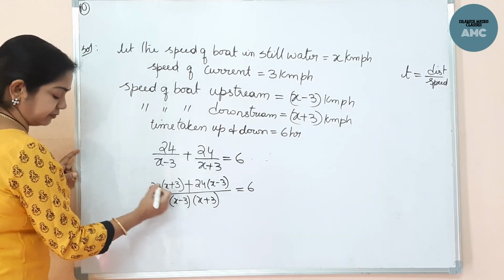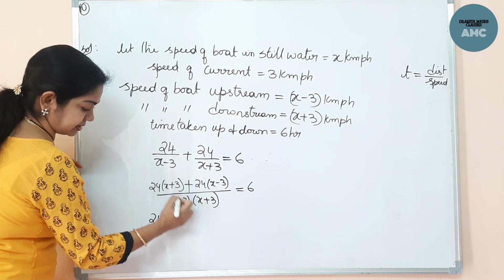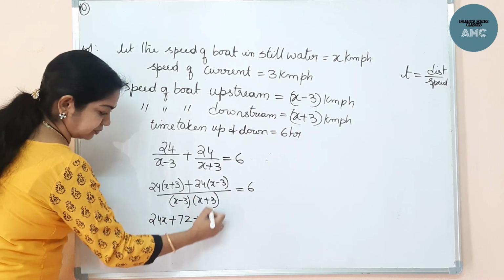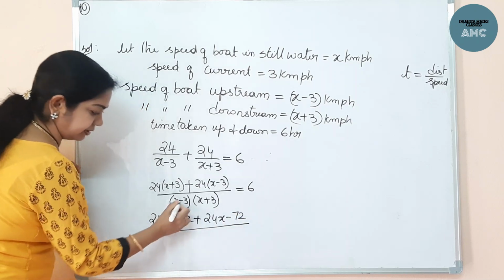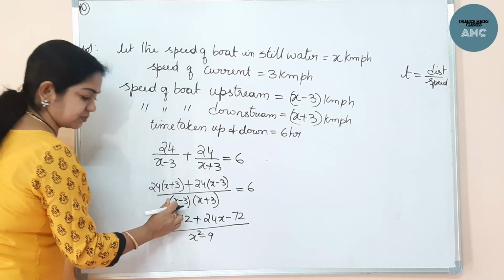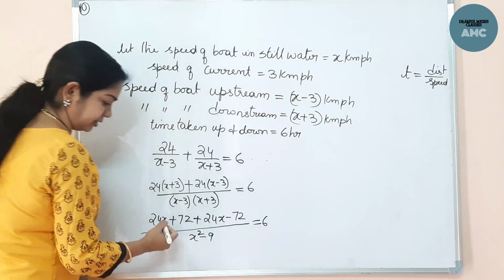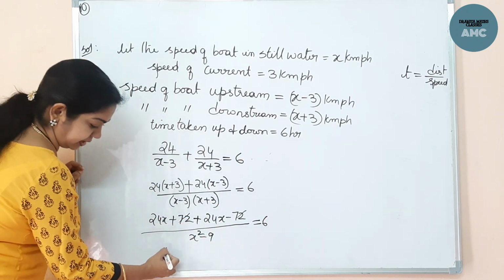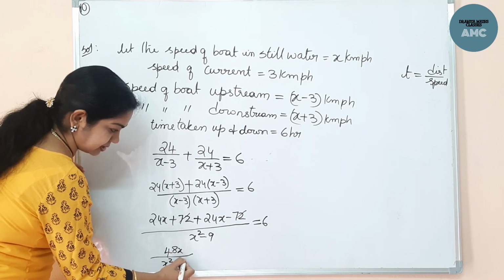Now we'll open the bracket, 24x. Now 24 times 3, that means 72, right, 72 plus 24x minus 72. If I open the bracket here, a minus b, a plus b, it comes to x square minus 9. A square minus b square, x square minus 9 equals 6. Now here plus 72 minus 72 gets cancelled. It comes to 48x by x square minus 9 equal to 6.